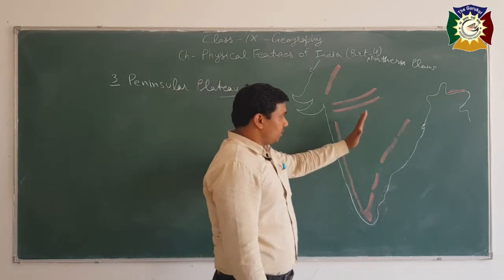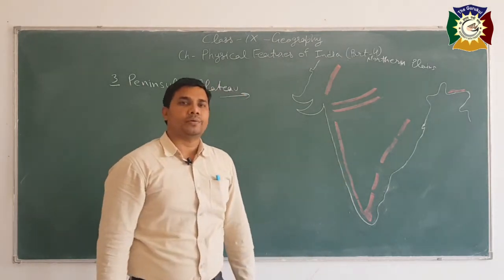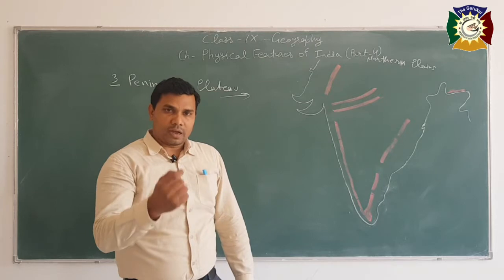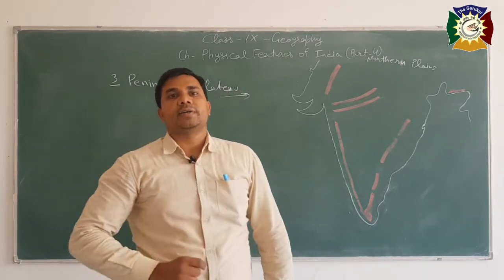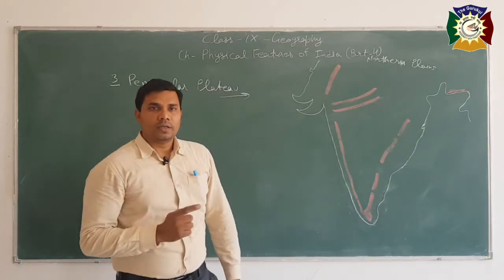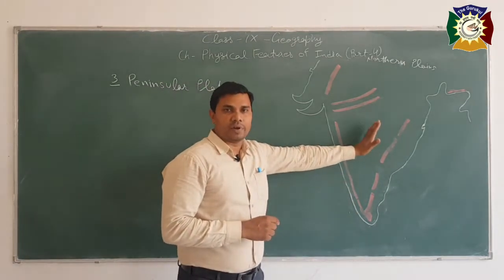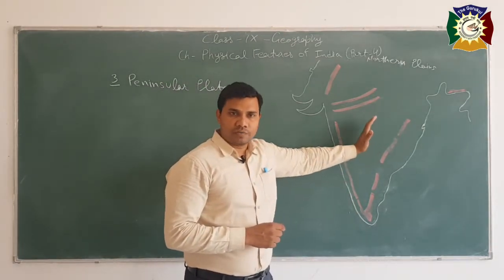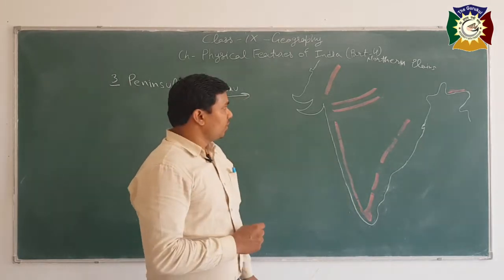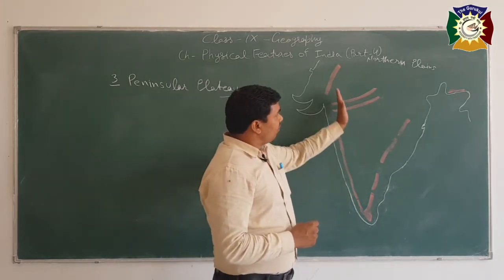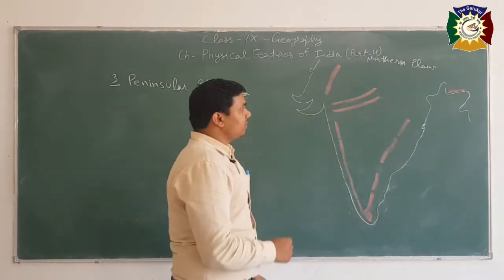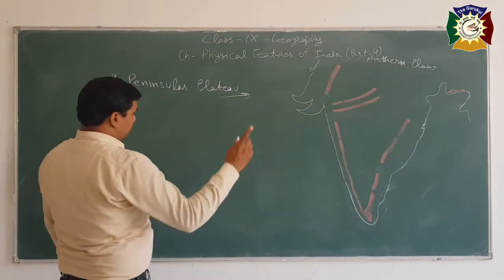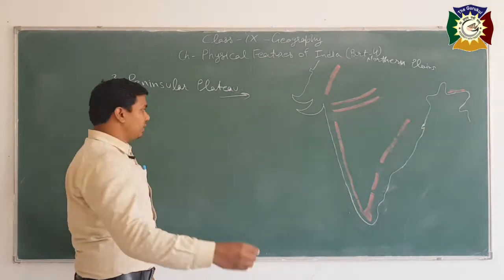Dear students, this Peninsular Plateau is the ancient, or we can say the oldest land feature of India. As we know, earlier it was part of Africa. It was part of Gondwana land. To better understand, we divide this Peninsular Plateau into different parts, mainly two parts.